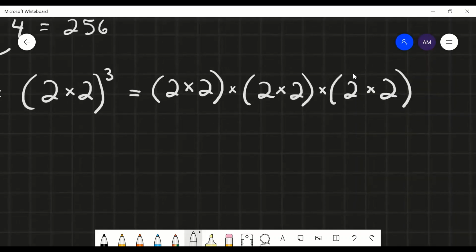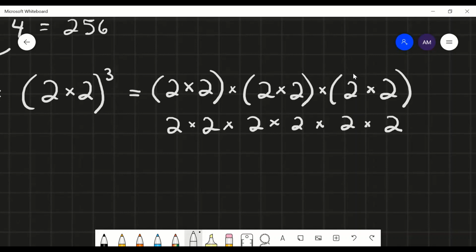And so how many 2's do we see here? Well, there's 1, 2, 3, 4, 5, 6. So this actually makes 2 to the power of 6, which if you were to try this in a calculator, you would get 64.